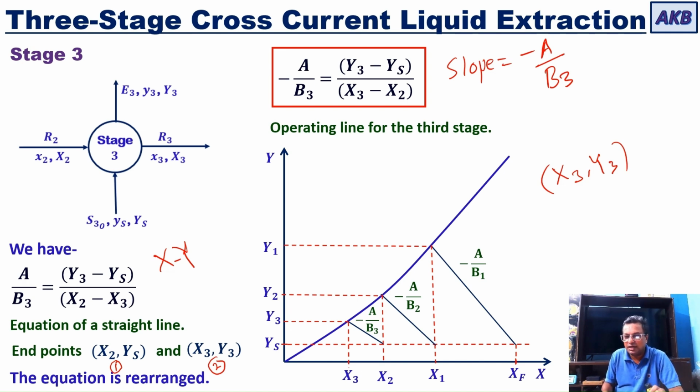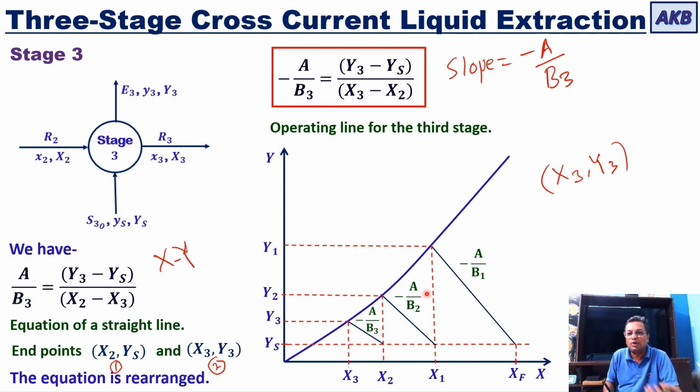And that completes our discussion for the 3-stage cross-current liquid extraction involving insoluble liquids, where A and B are not at all soluble in each other. So we need to plot the operating lines. Each operating line will have a different slope. It may have the same slope.